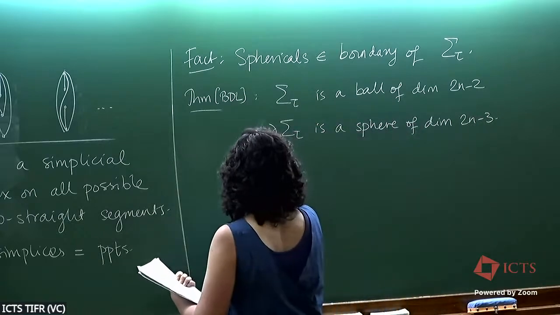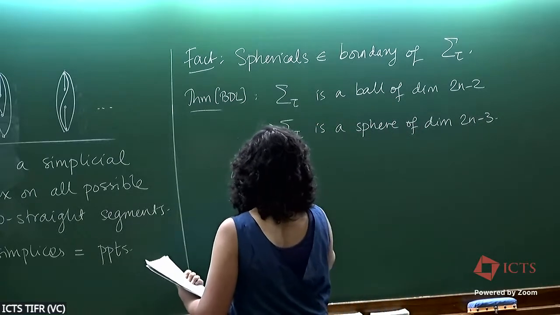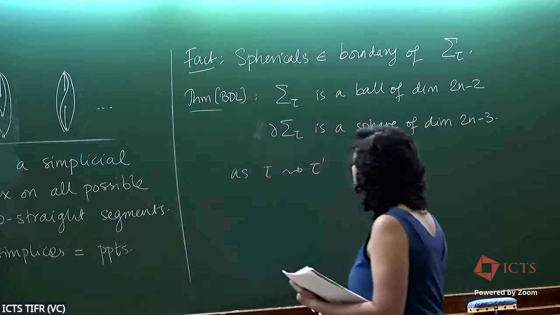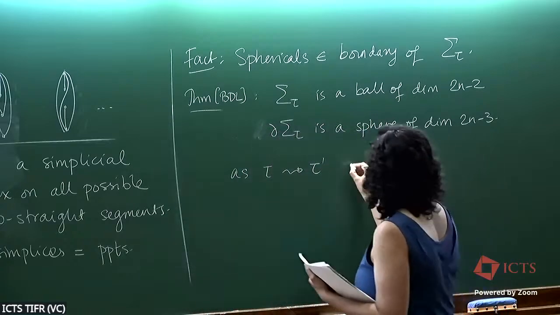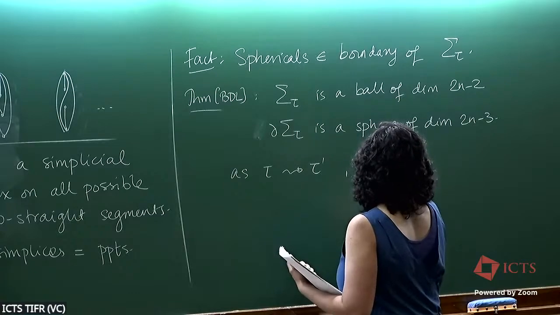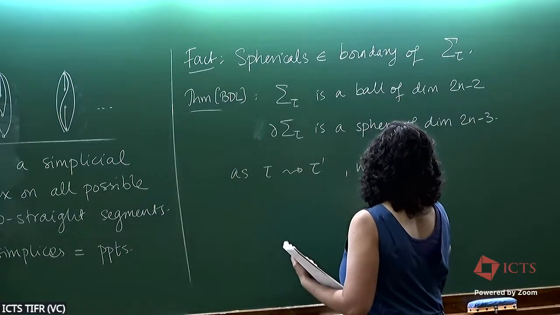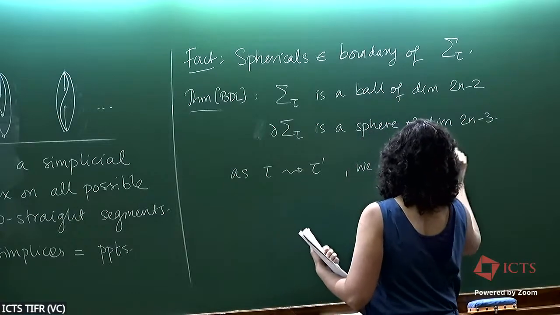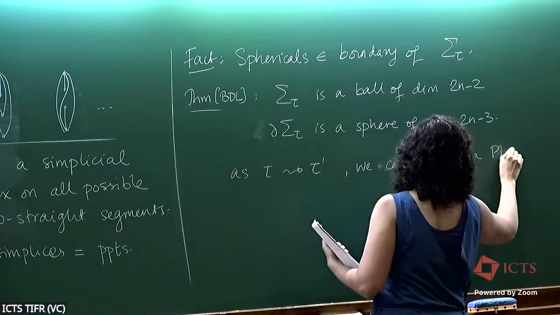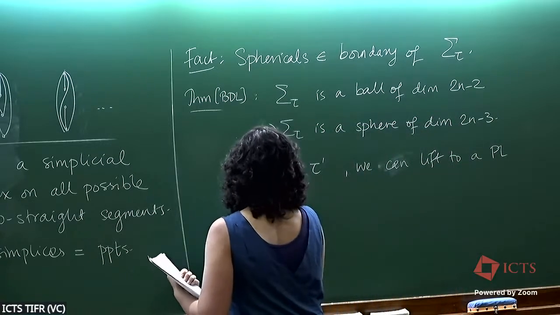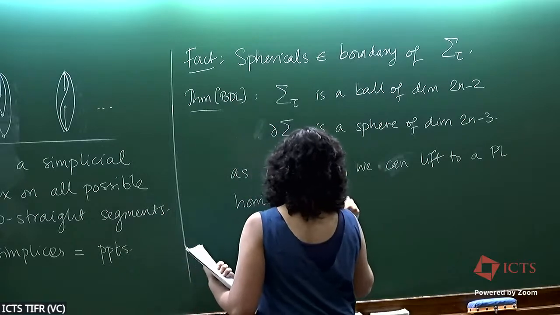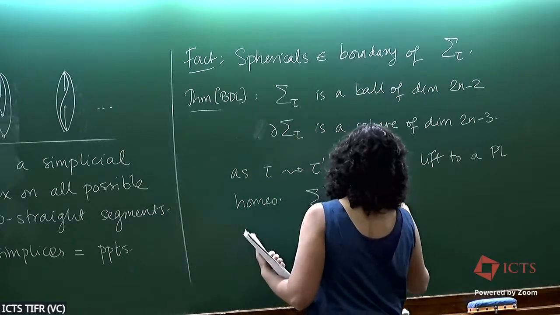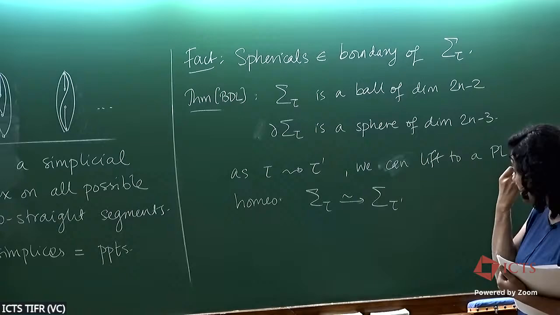And also, as tau varies to tau prime, any path from tau to tau prime we can lift to a PL homeomorphism from sigma tau to sigma tau prime.